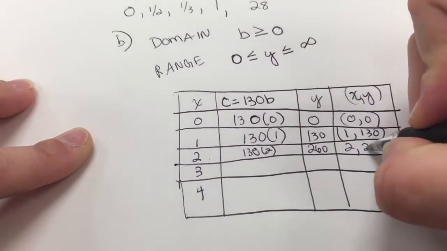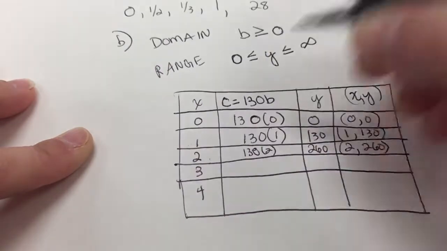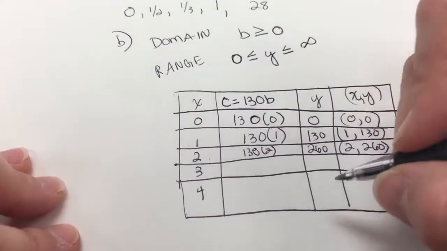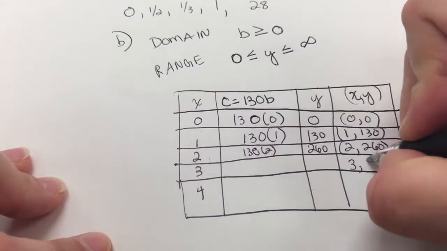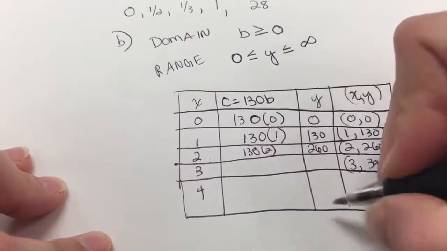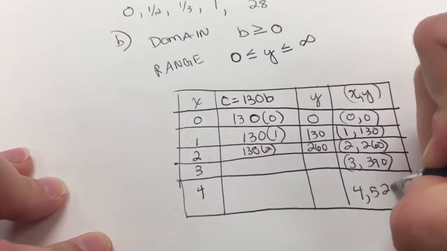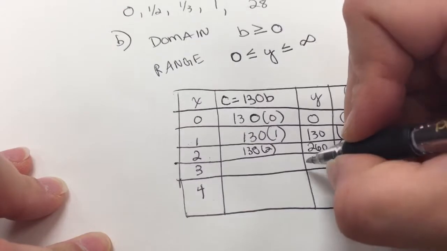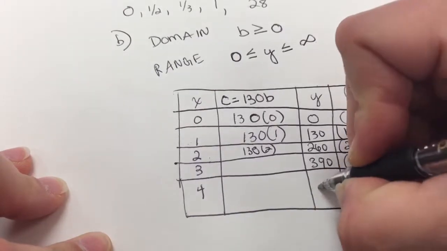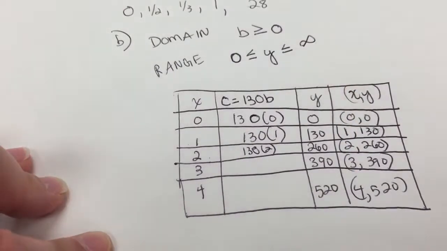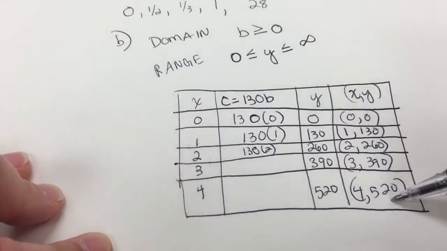So that's 2 comma 260. And so on and so forth. You would continue to fill this in, and I'm just going to give you the endpoints here. And then you would take these points and put them on the graph.